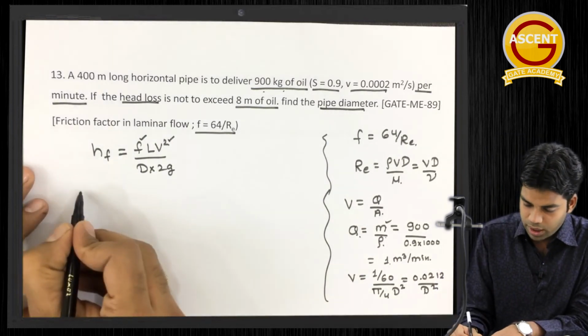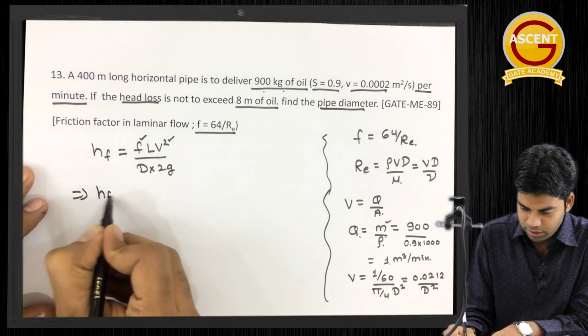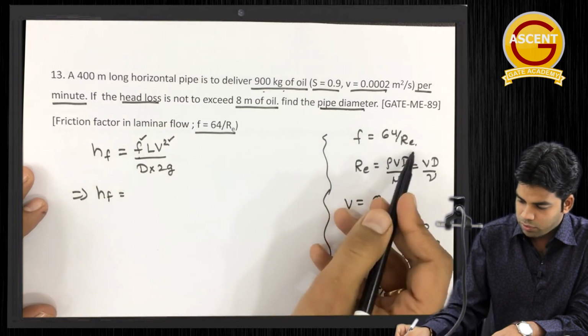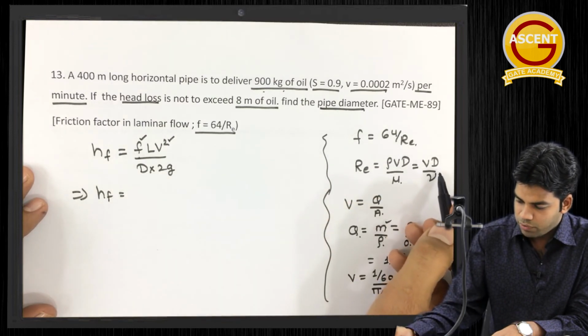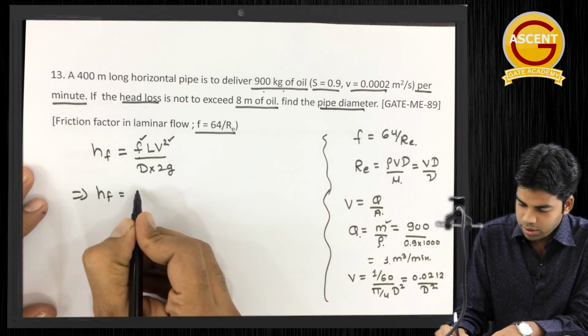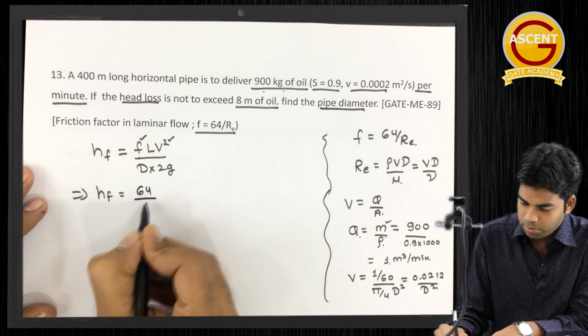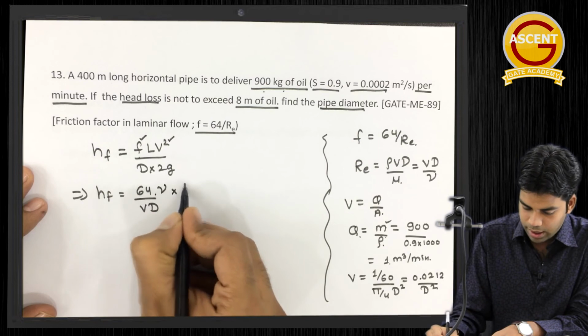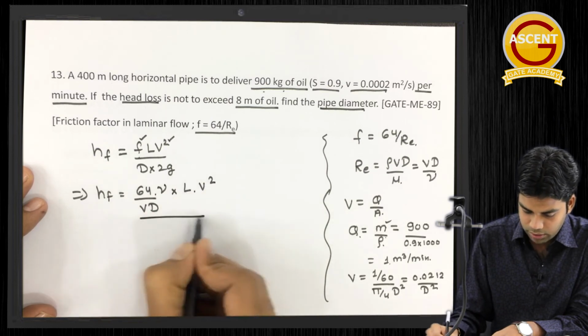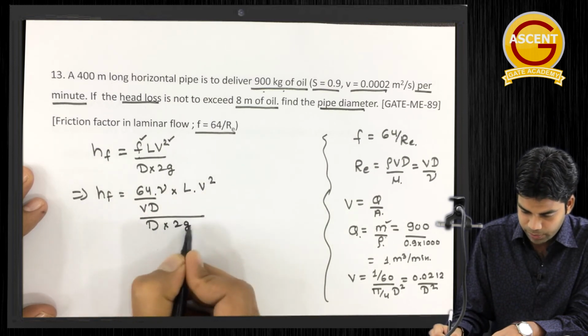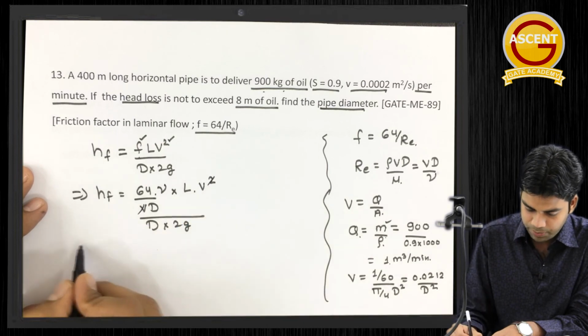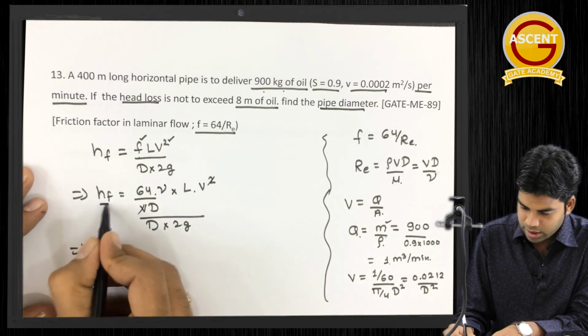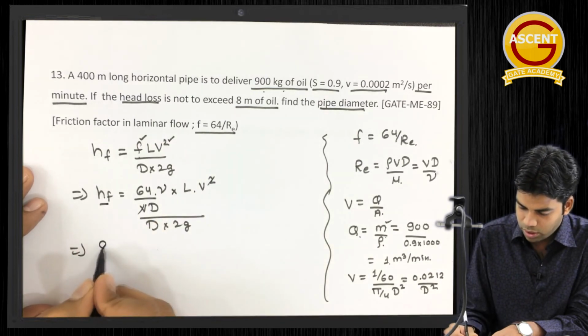So here we have hf is equal to f, which will be 64 by Re. Re is Vd by nu, so this will be 64 by Vd into nu into L into V square divided by D into 2g. So this one V will get cancelled out. And this hf is given as 8 meter of oil.